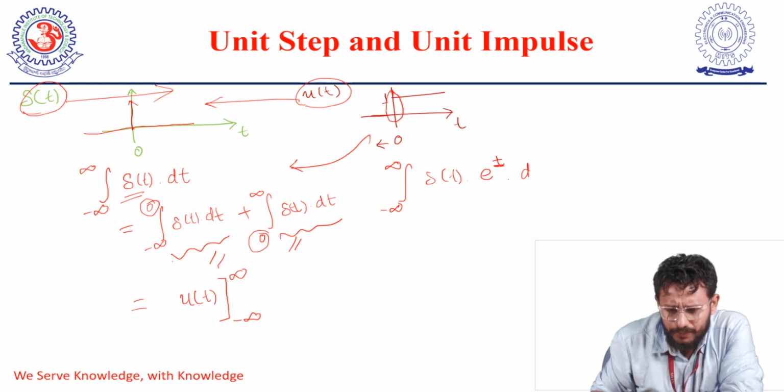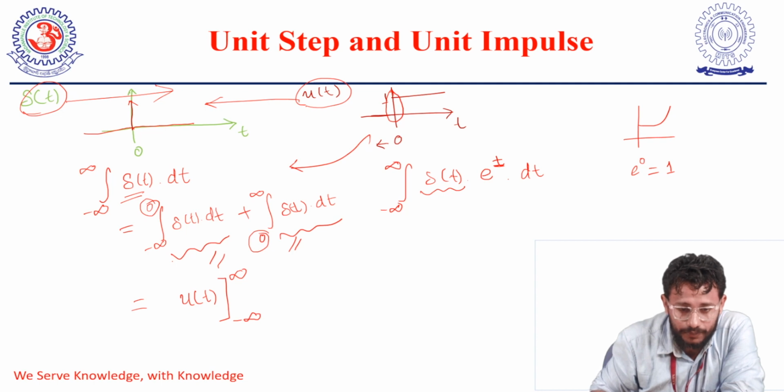I know e to the t basically would look like this, wherein for e to the 0, we'll have a value of 1 here, right? And our impulse signal, wherein it is non-shifted, if I shift it to impulse of t minus T, the same plot will be shifted towards a certain T here.